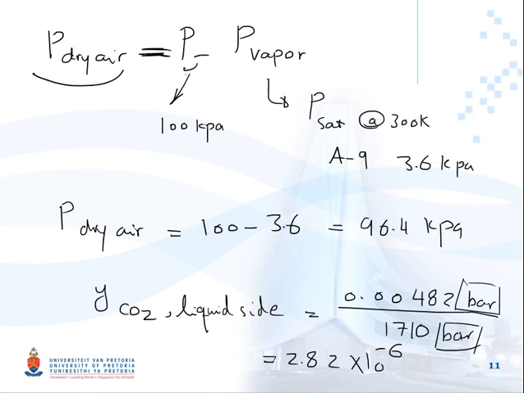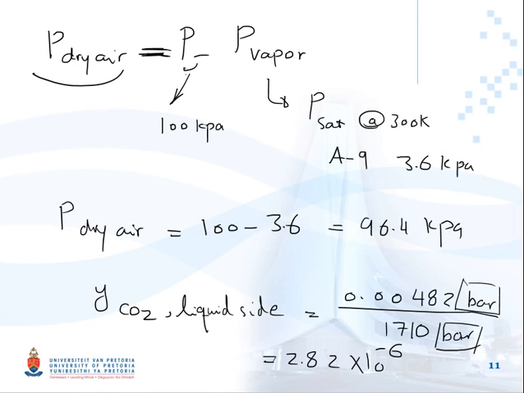Because we are speaking about the P of dry air, so the molar fraction needs to be for the gas side. We had it from the question, so we found the P of carbon dioxide, or the partial pressure of carbon dioxide.